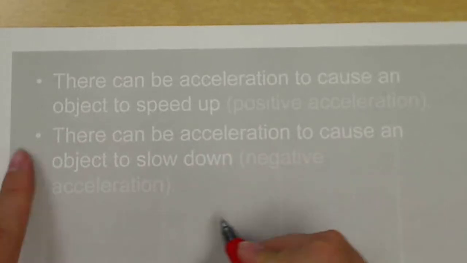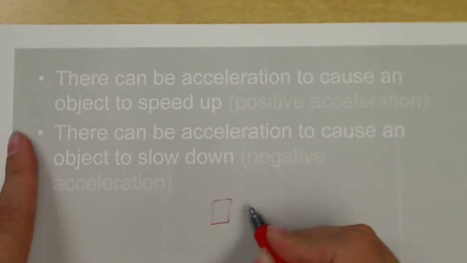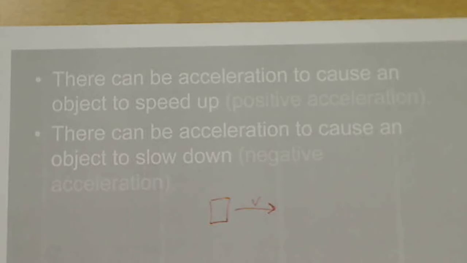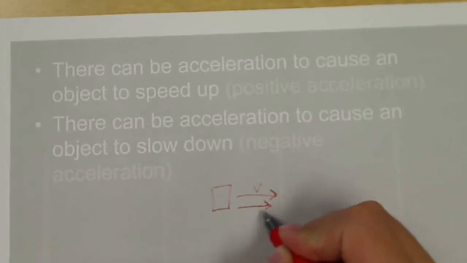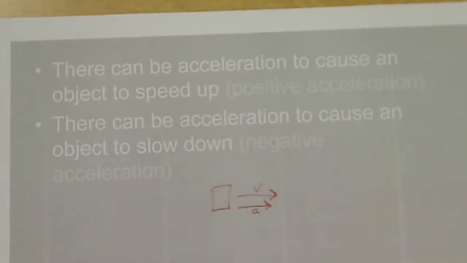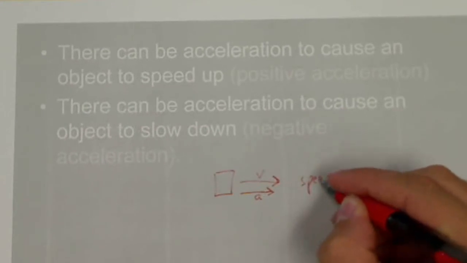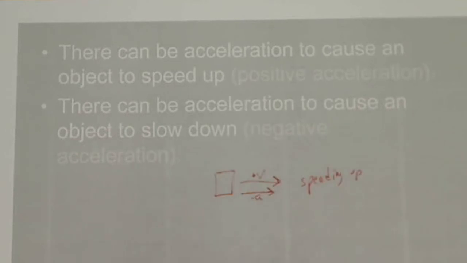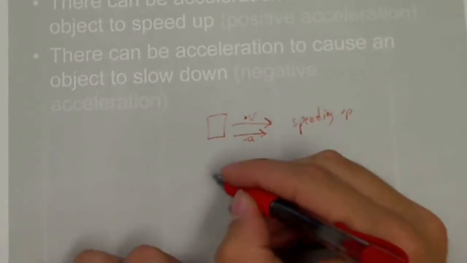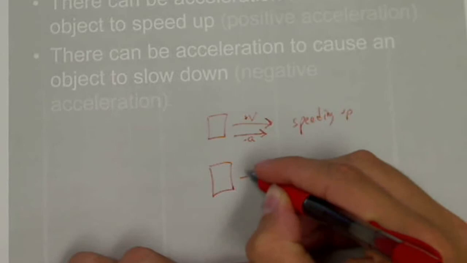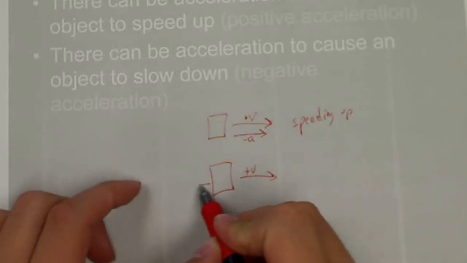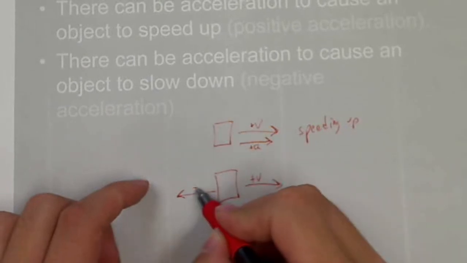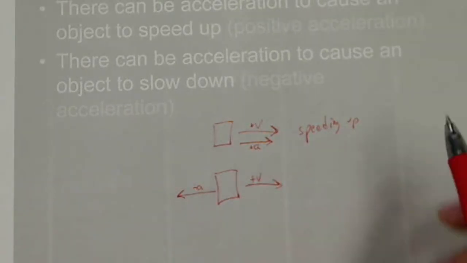Now, what some people get confused about is if I have an object and its velocity is this way, and its acceleration is this way, that means it's speeding up. So positive velocity, positive acceleration. If I have another object that also has the same positive velocity, and this is the negative acceleration, negative means the other way.